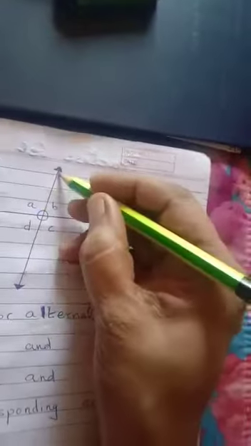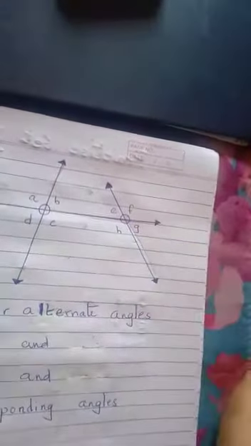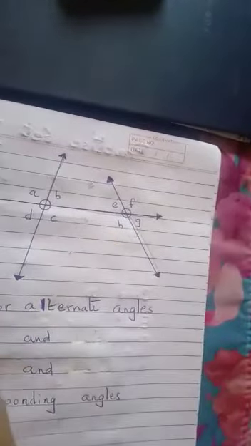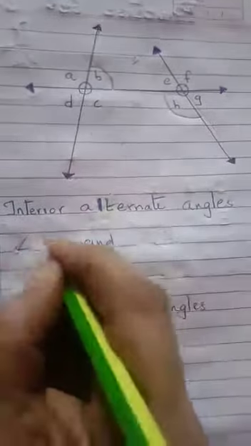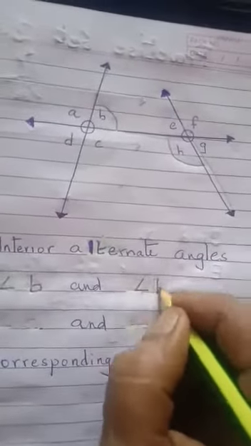So here you'll find the angles at the vertex of Z are angle B and angle H. So here I'll write angle B and angle H.